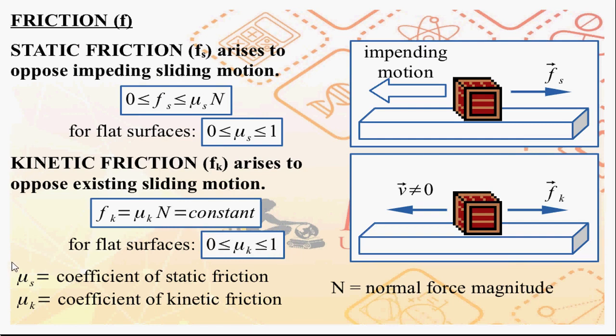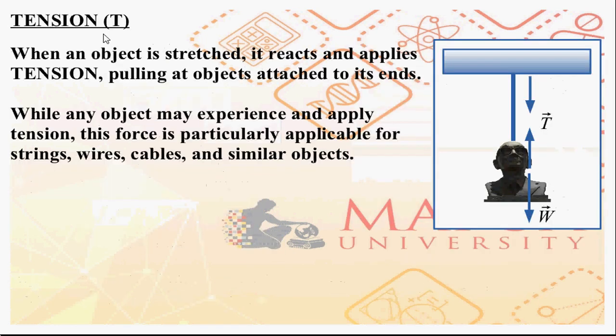Lastly, we have tension, capital T. When an object is stretched, it reacts by applying tension, pulling at objects attached to its ends. While any object may experience and apply tension, tension is particularly applicable for strings, wires, cables, ropes, and so on. For example, you have a rope attached to the ceiling, and an object is suspended from the rope.